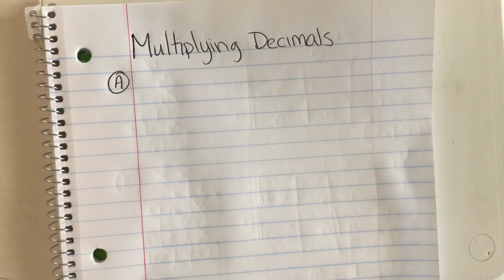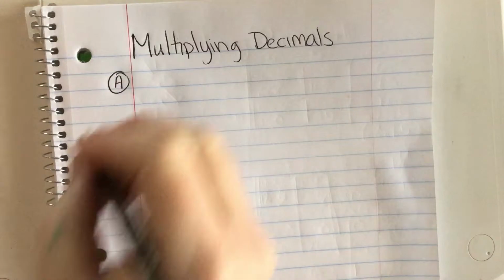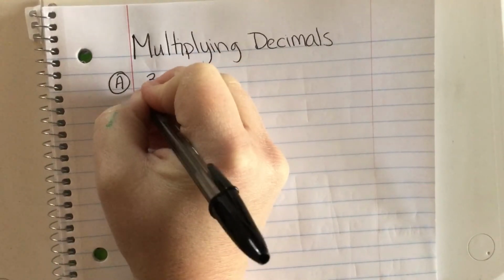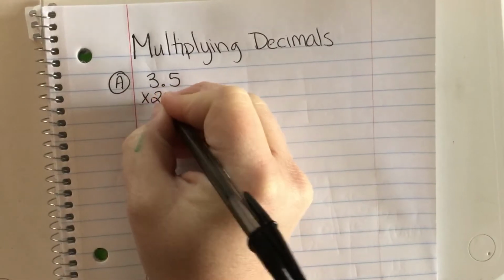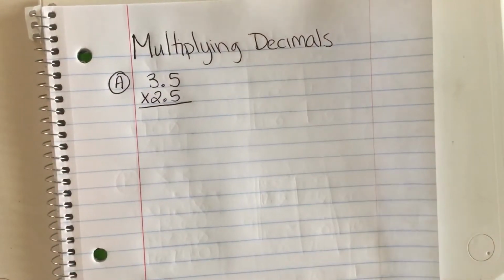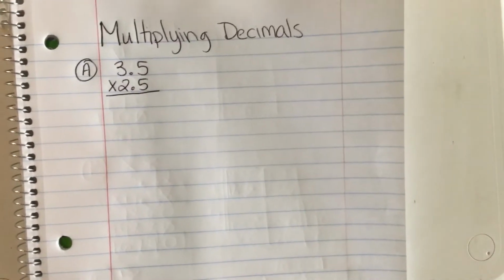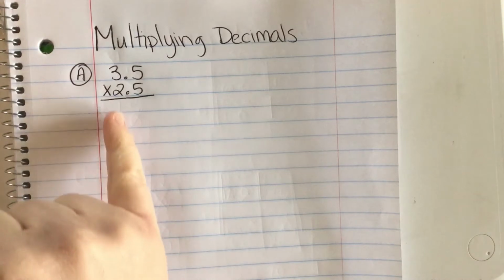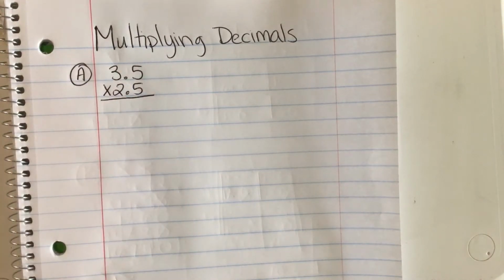So problem number 1, we're going to start with 2-digit by 2-digit. So let's do 3.5 times 2.5, or 3 5/10 times 2 5/10. Now, when we're multiplying decimals, we are going to ignore the decimals until the very end.